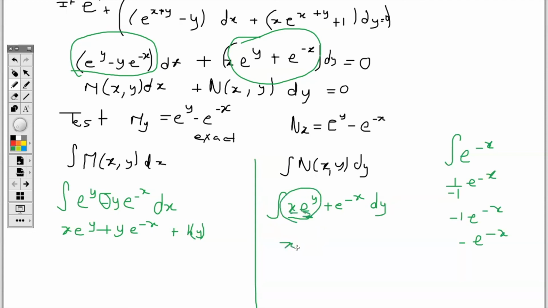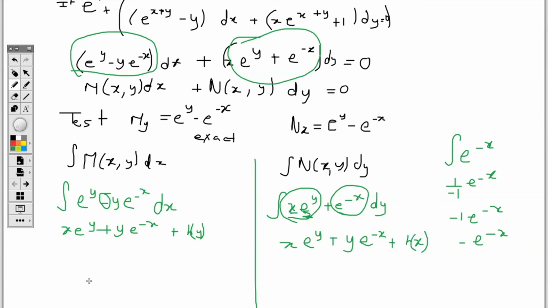So I have x e to the y plus, treating all of this as a constant, we just attach a y. So it becomes y e to the minus x plus a function of x, which is like our constant.